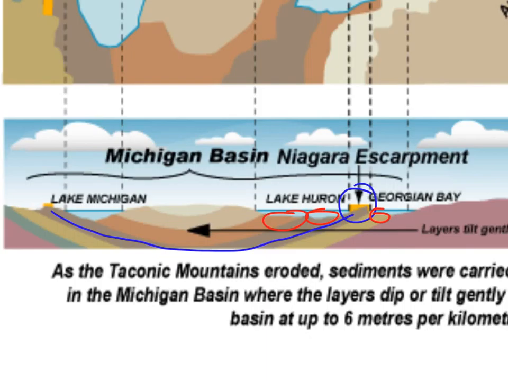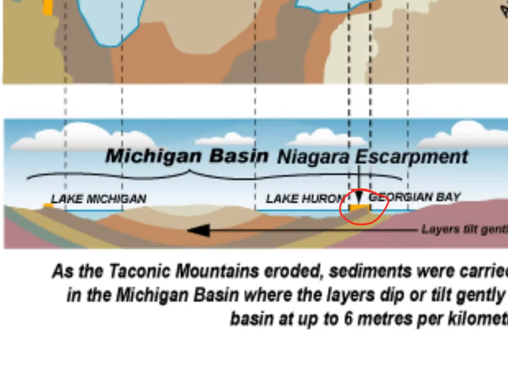So when the glaciers went over the landscape, they eroded the softer sedimentary rocks more than this dolomite layer. So the dolomite layer is left standing proud, or up in an escarpment formation higher above the other layers of rock.